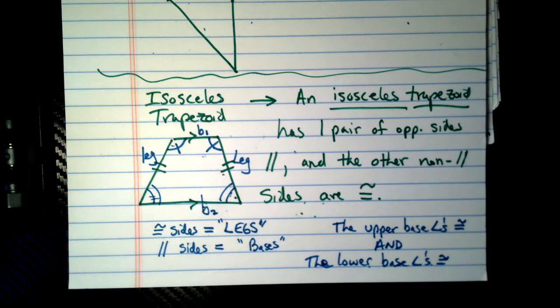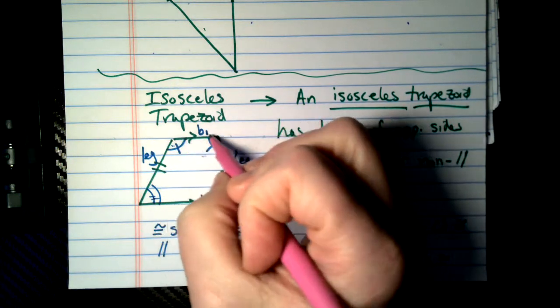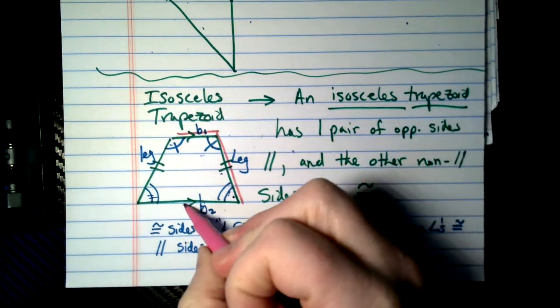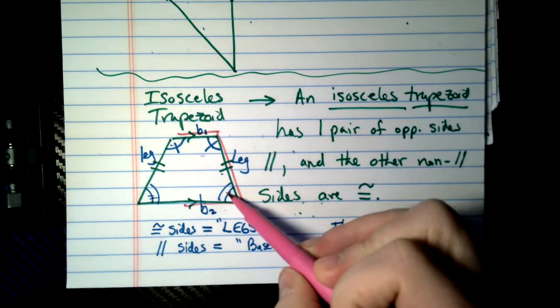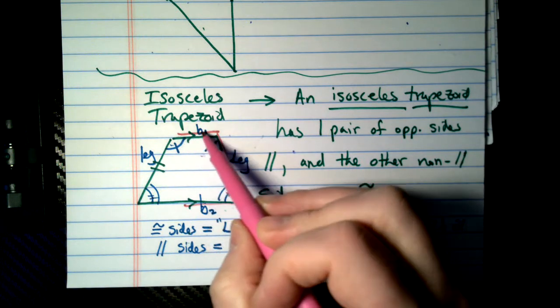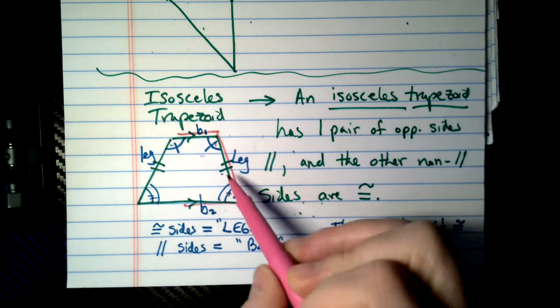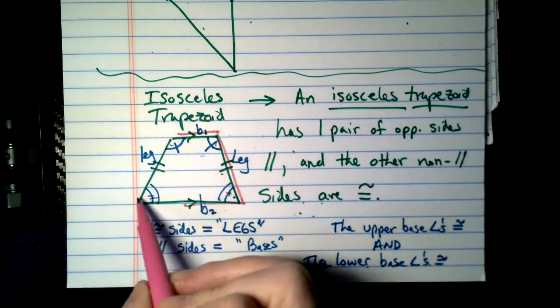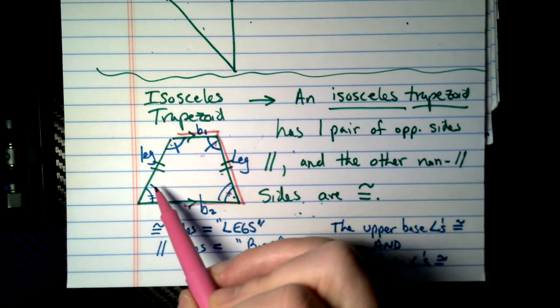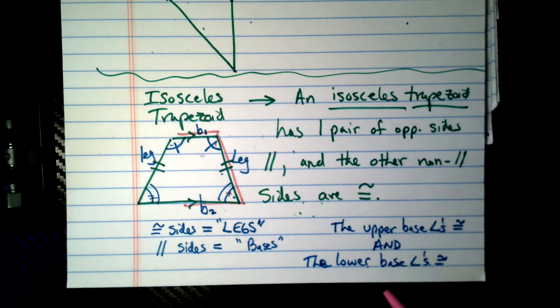And what I was sort of stumbling upon just a second ago, I'm sort of mixing up my ideas, is that these lines are parallel. And so we could use same side interior angles. And so one of these angles on the bottom is a supplement of one of these angles at the top. There's same side interior angles on the right side. There's same side interior angles on the left side. So any angle of the top is a supplement of any angle on the bottom.